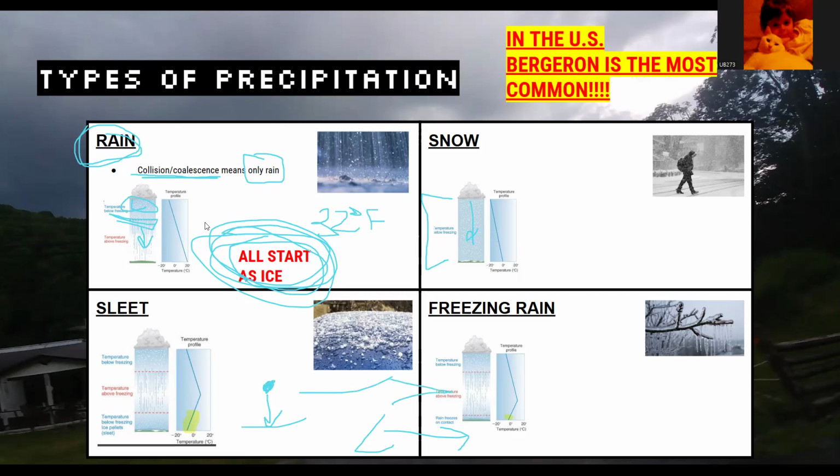That's freezing rain. See this distance right here, it's very small, so it doesn't have time to freeze again, even though the temperatures are below freezing. It's still rain. It can't go back to ice in time, so it just goes splat. It just splats on there and it freezes, and then we get this.